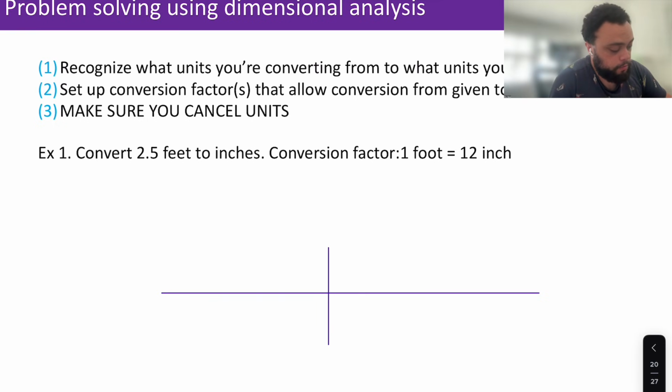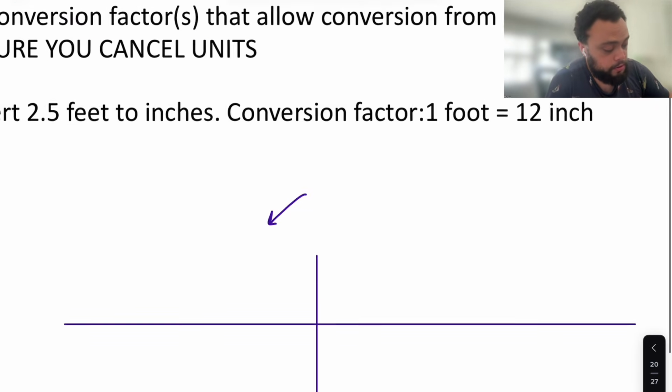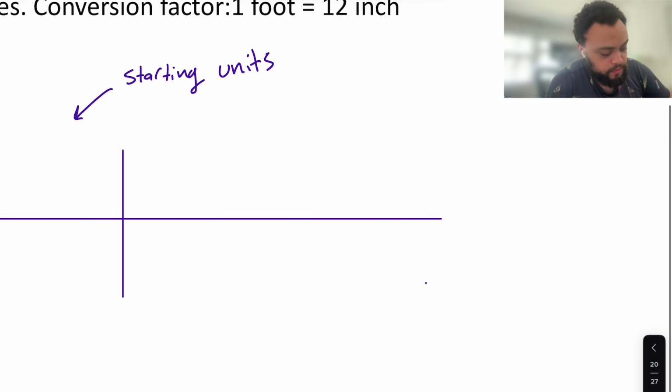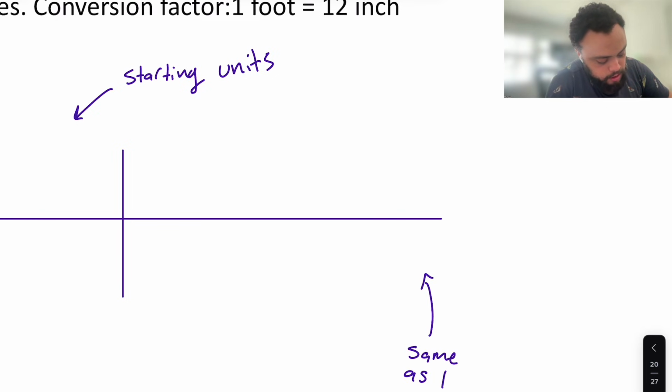Over here go the units that you start with. Down here are going to be the same as the top left units, and that is by design. We'll see why in a second. Over here, these are going to be your ending units.